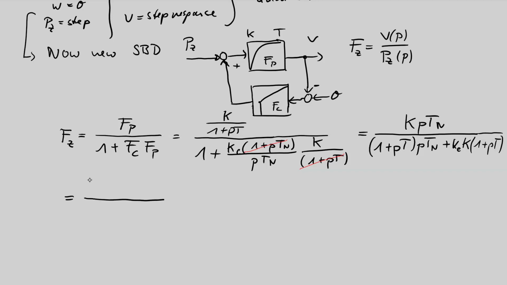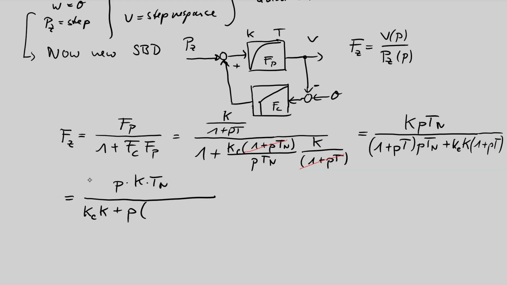If I order this in a new way, then we can again write p times k times tn, and here I factor this out. This is kck as the factor without a p, kck times 1 plus p times what?